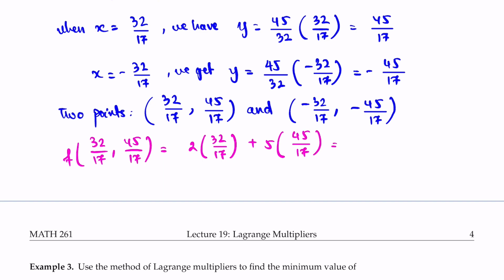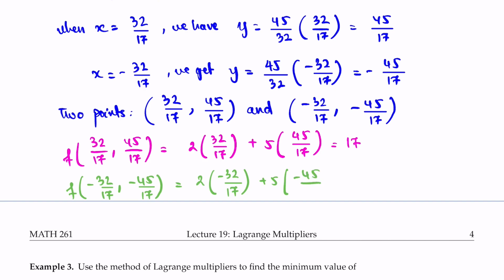If we do the calculations correctly, we get 17. Similarly, evaluating at the point negative 32 over 17, comma negative 45 over 17, we get 2 times negative 32 over 17 plus 5 times negative 45 over 17, which gives us negative 17.